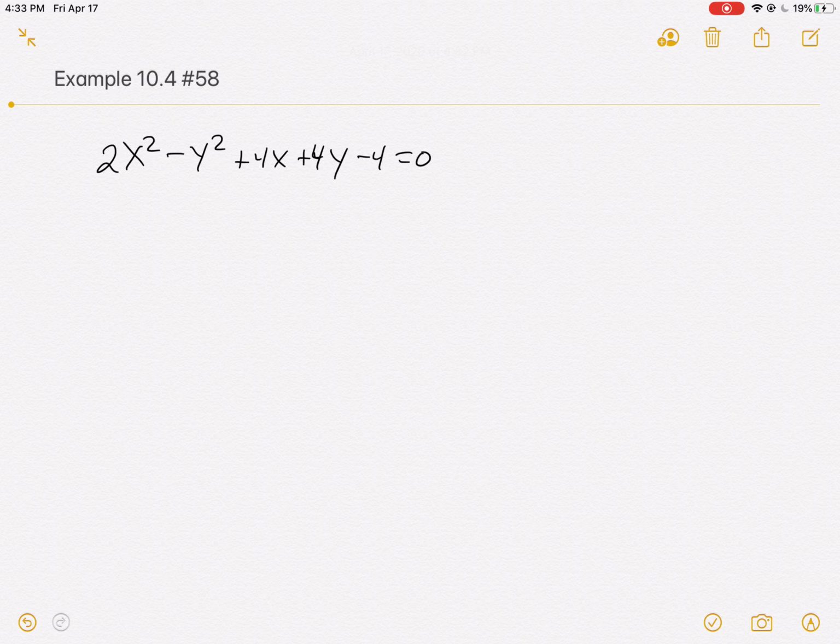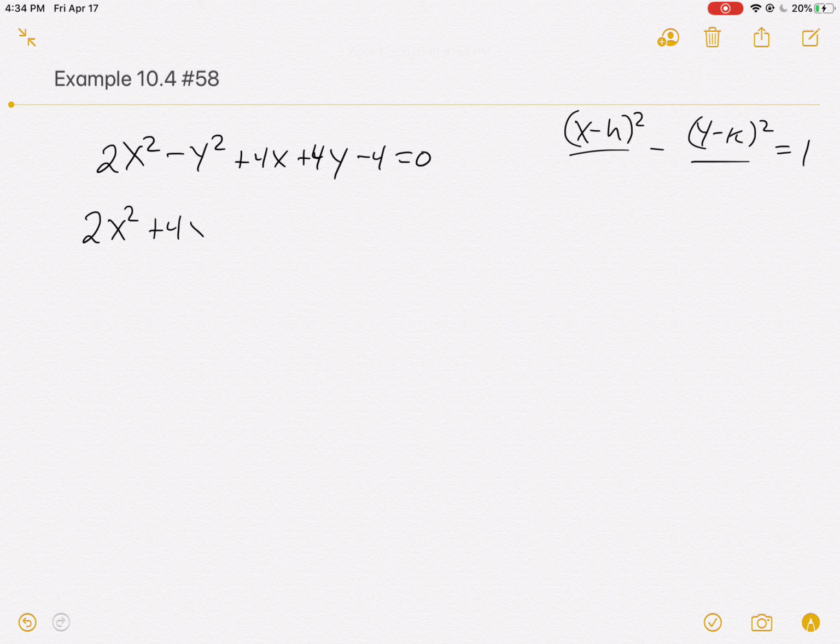So what do we do? Well, you know what we need to do. We need to complete the square, because we're hoping to get it in an x minus h squared form and a y minus k squared form, equal to 1, with a minus sign in between and some numbers underneath. That's what we're shooting for. So we've got to complete the square. It's the x that's positive, so I'm going to leave that out front.